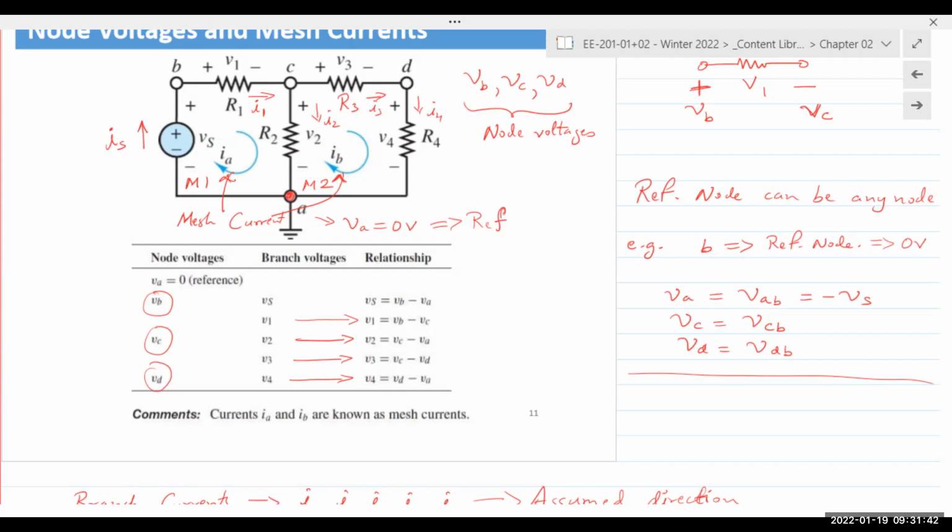And so the more equations we write, the easier it gets for us to analyze a circuit. In this case, we only have 2 meshes, so we have mesh current IA and mesh current IB. Both of them are flowing in a clockwise direction. You take each mesh, apply KVL around the loop. Each mesh current causes a voltage drop across the resistors. You add up all those resistor voltages, and you have your equation.